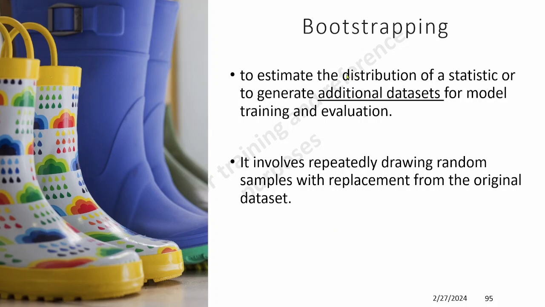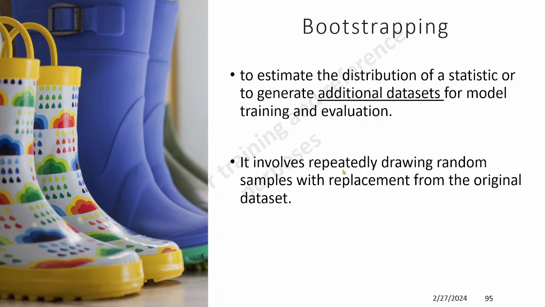One more technique which is commonly used in machine learning is called bootstrapping. This is useful when you want to generate additional samples from the existing data set, or you want some variation of the data set that you have, for your machine learning.